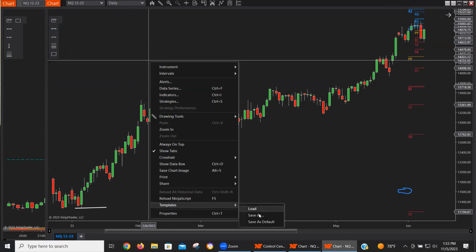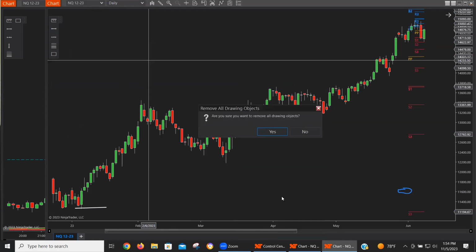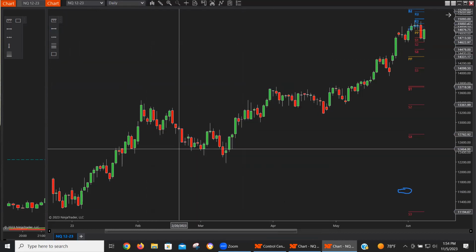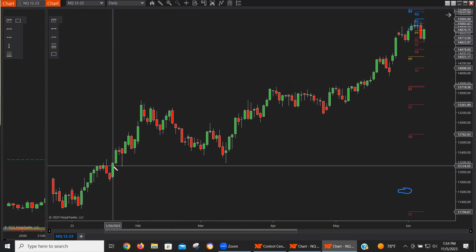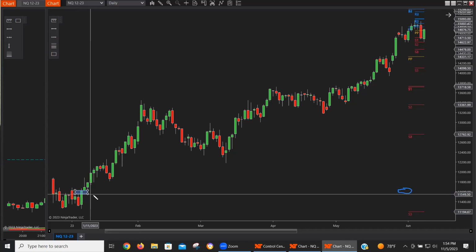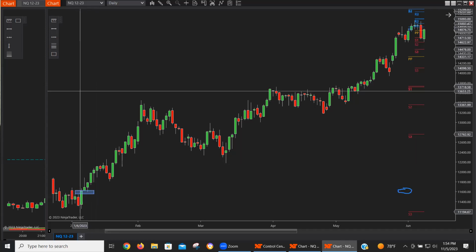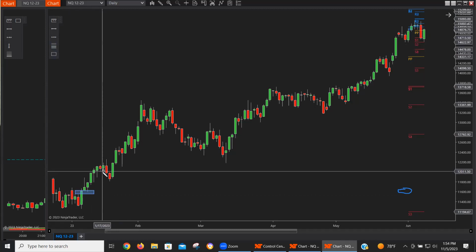Then get a new chart or a new screen of candles and find the imbalances. With the imbalances, I want you to use the rectangle and mark in where you see imbalance, from left to right, wherever they are.